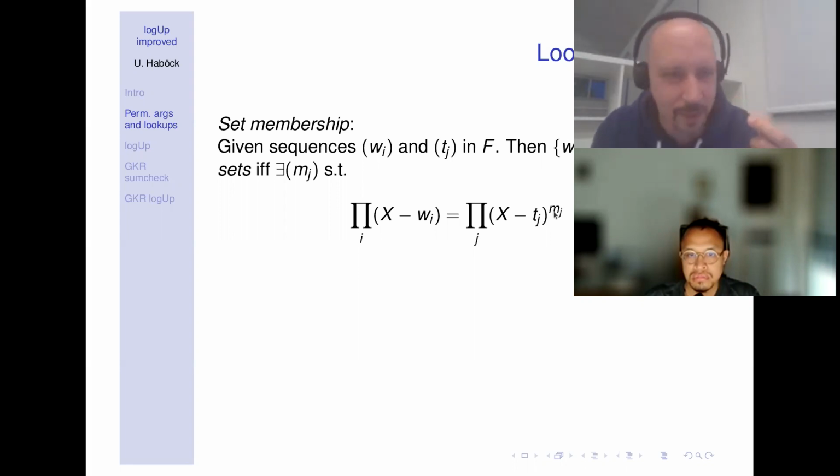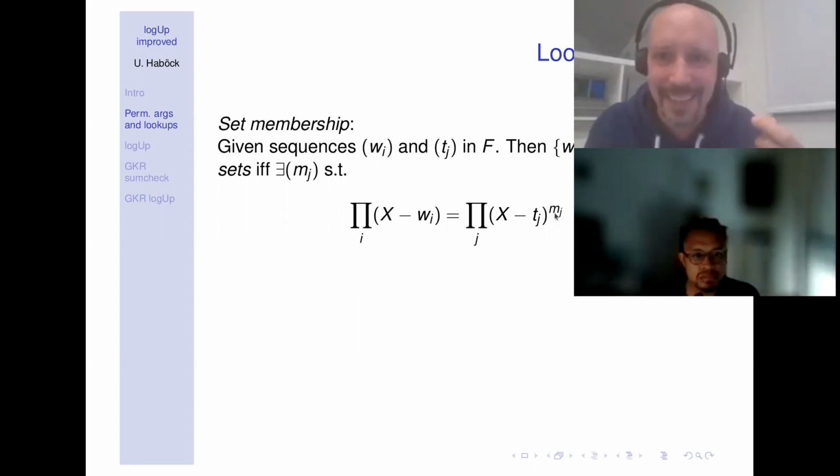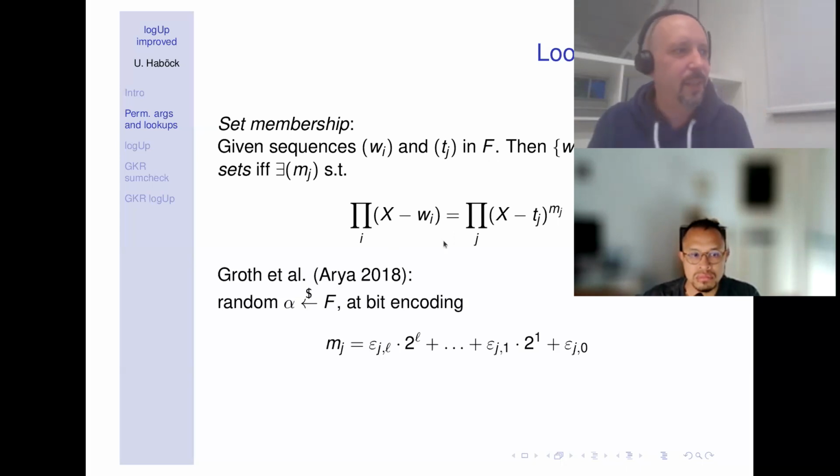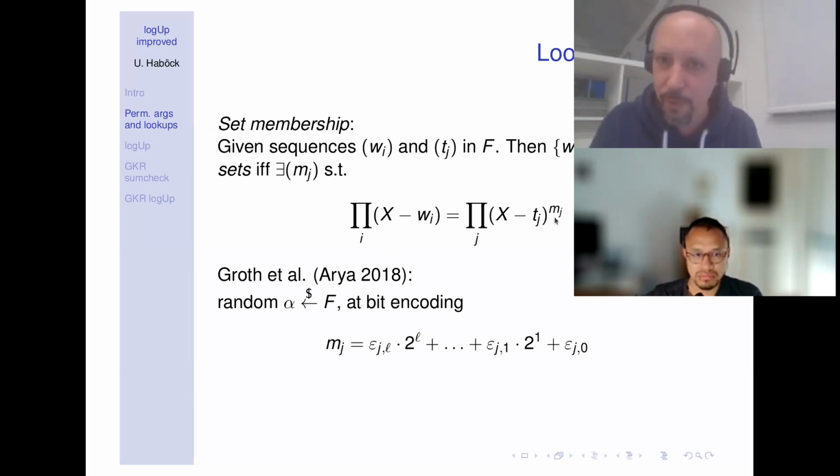I'm sorry, I did not get the sentence grammatically finished, but I think the idea is clear from the formula. So that means W_i is contained in the table as a set if I can find multiplicities such that this identity holds. And again, you just sample at a random point and prove that at the random point. But the problem is exactly that the multiplicity, something that is provided by the prover, typically, is in the exponent.